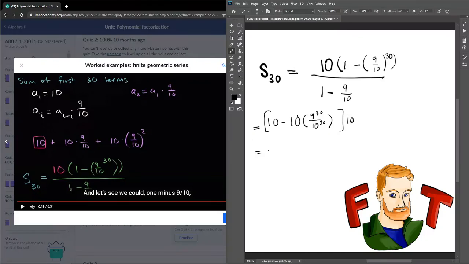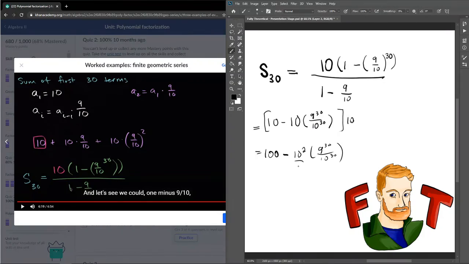So that's going to equal 100 minus 10 squared times 9 to the 30th over 10 to the 30th.